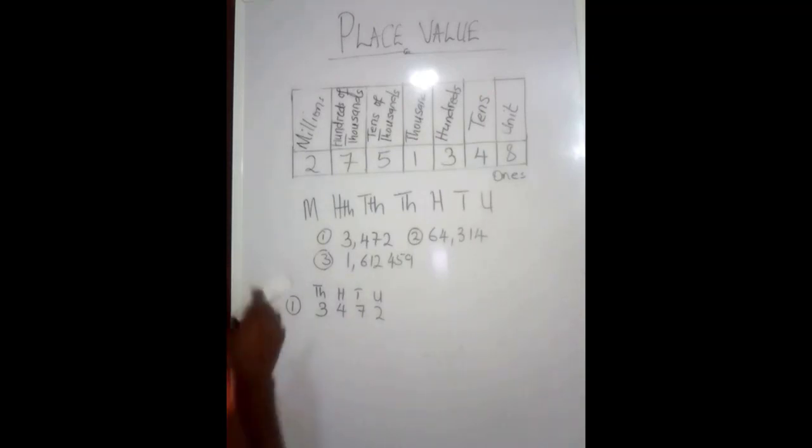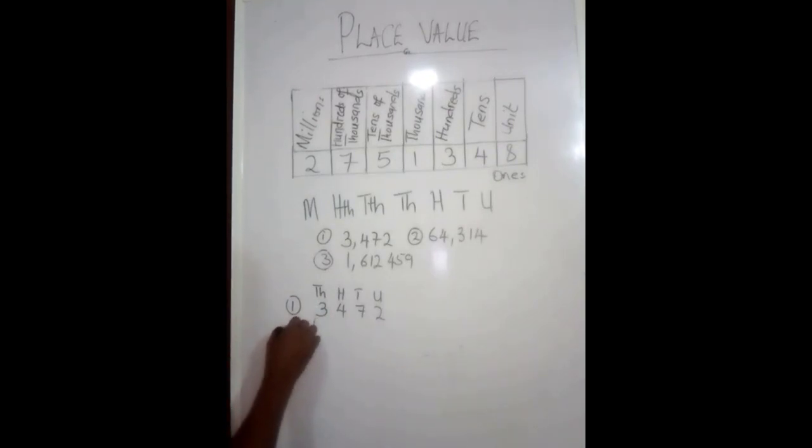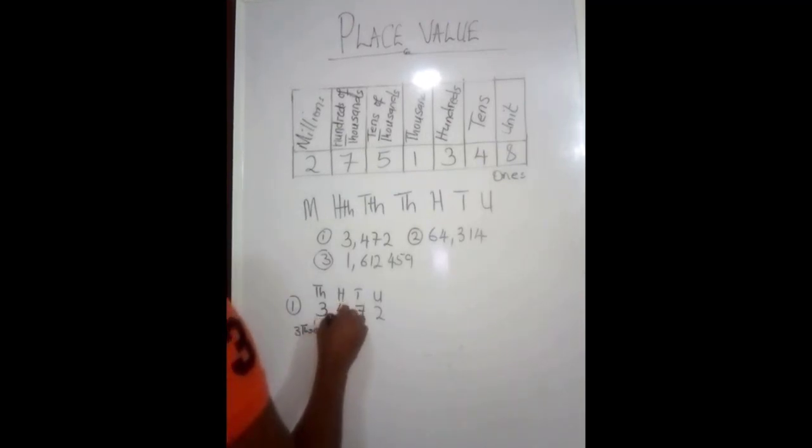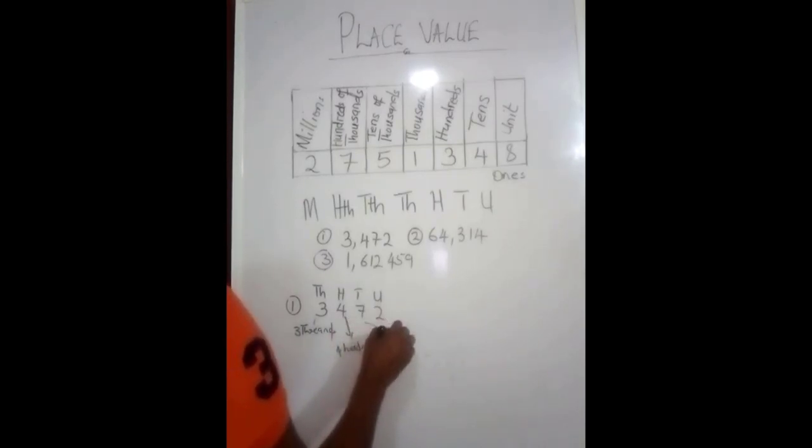So you find out that 3 has the value of 1,000. That means this 3 here is 3 thousands. This 4 here is 400. 7 here gives us 70.